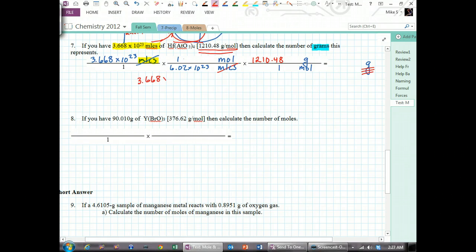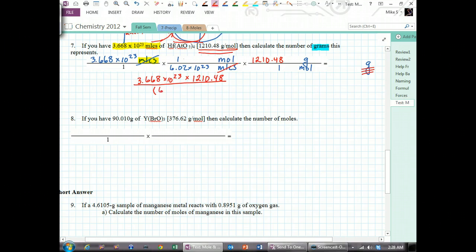When we do the math, we're going to take the 3.668 times 10 to the 23rd. That's supposed to be a 2, not a very good 2. So 23rd, and you're going to then multiply it by 1,210.48. Now this is where it's important that you use parentheses, and the important part is that you use parentheses on what's on the bottom.